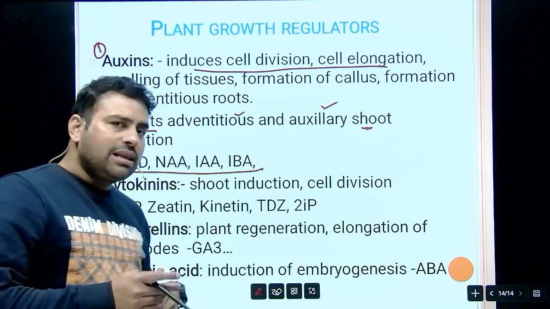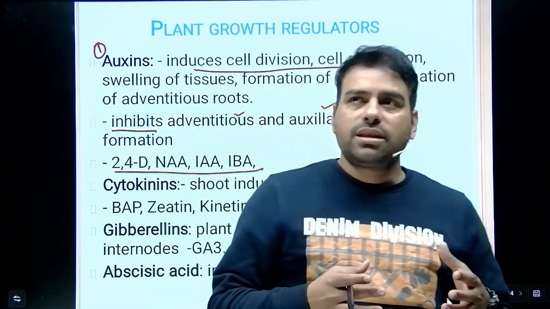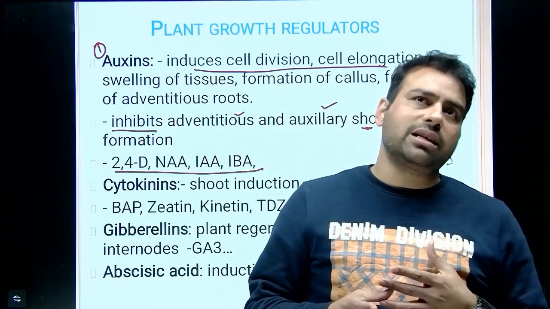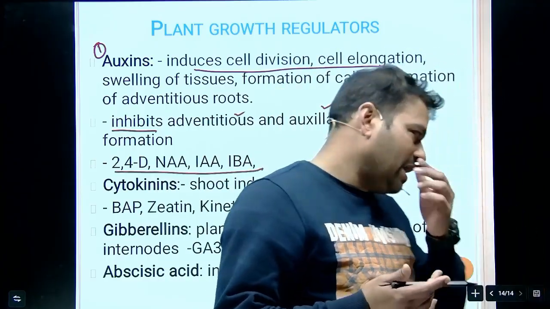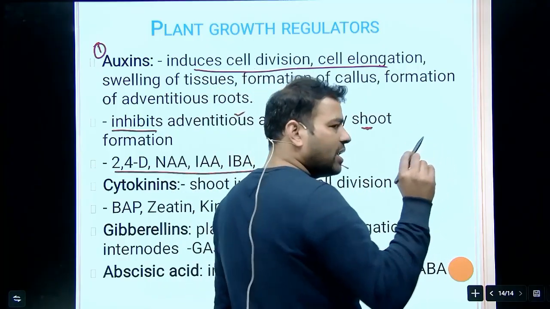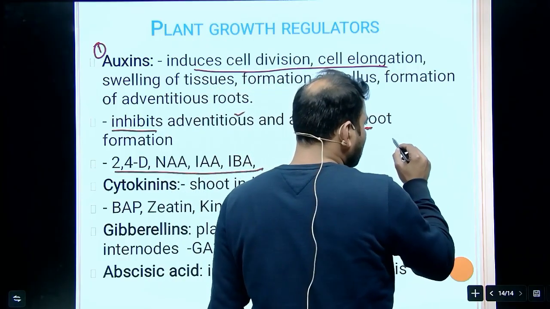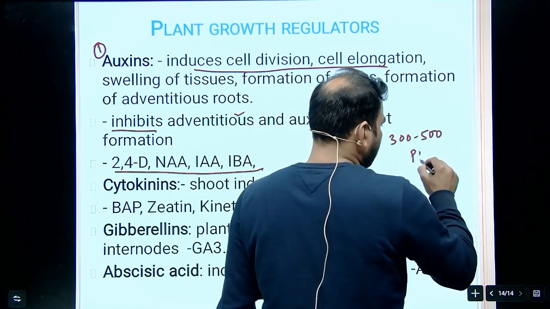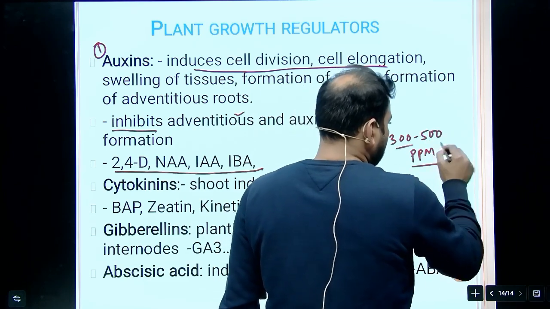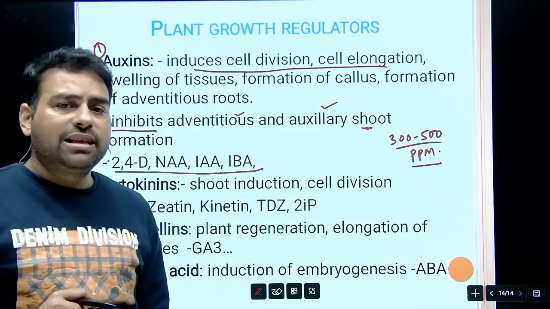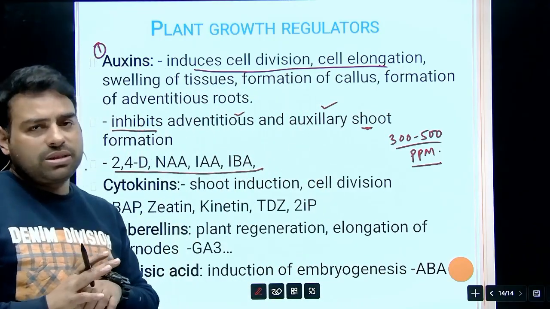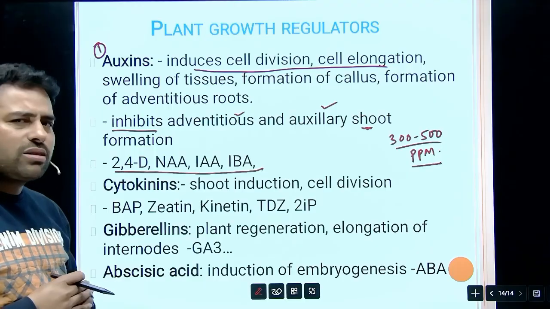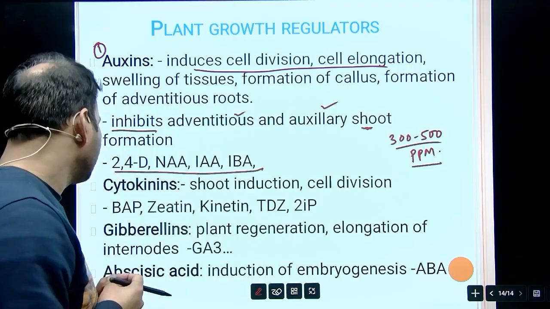Different concentrations of these auxins we are using according to the demand. Generally the concentration ranges from 300 to 500 ppm. This parts per million concentration we are using for the hormones, because they are needed in very low quantity.